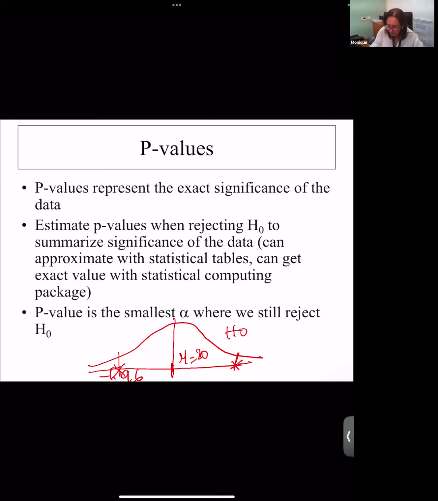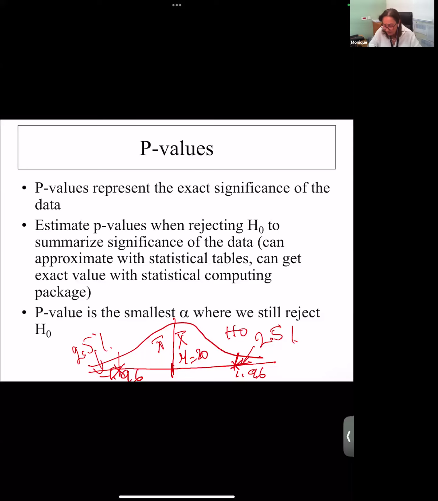So if I convert this distribution under the standard normal curve, it means that I have 95% between minus 1.96 and 1.96. So this is 5%, this is 2.5%, and this is 2.5%. So these are the alpha I told you about.